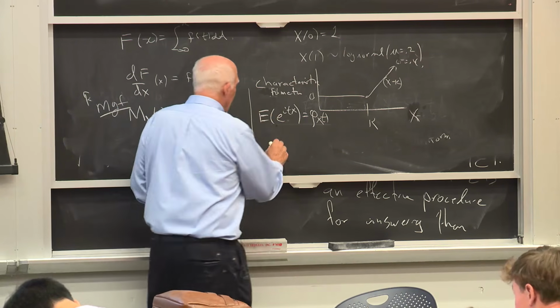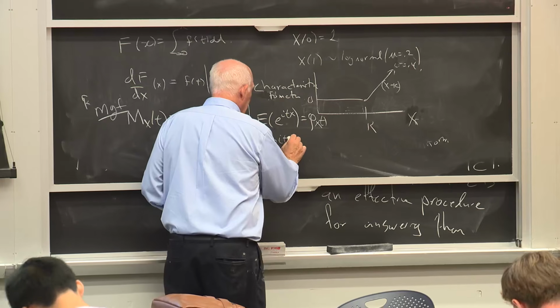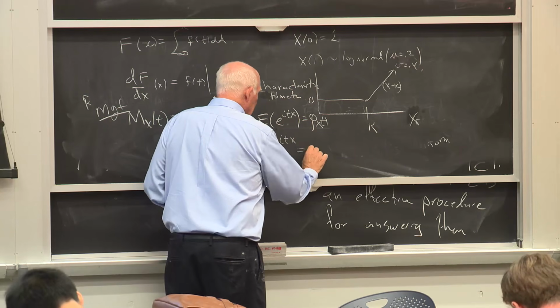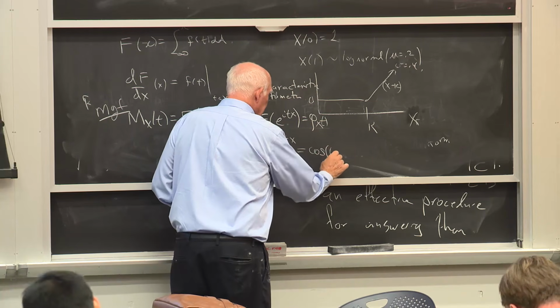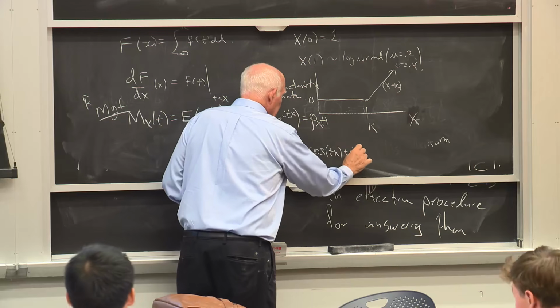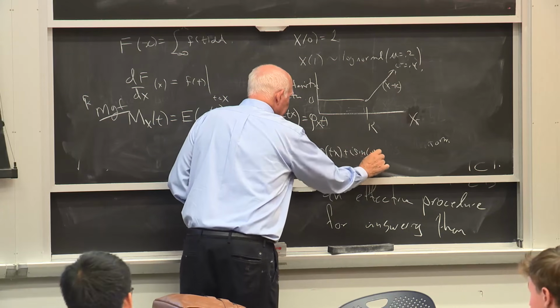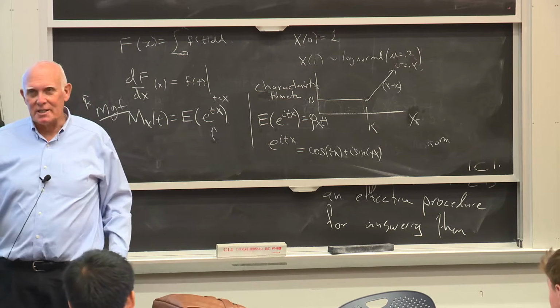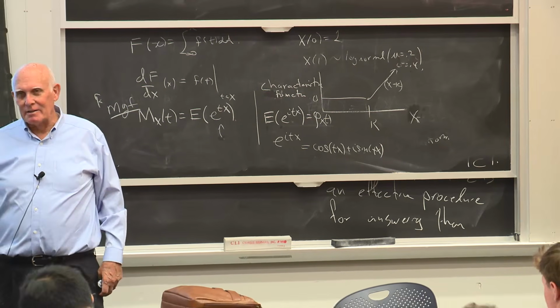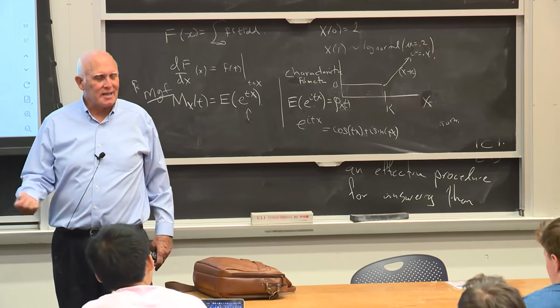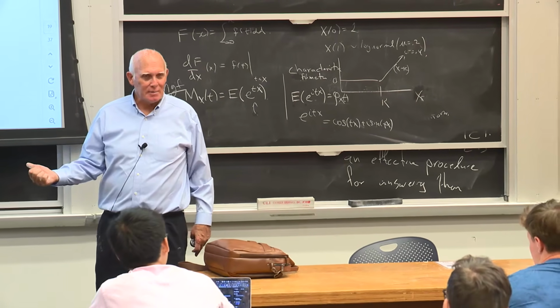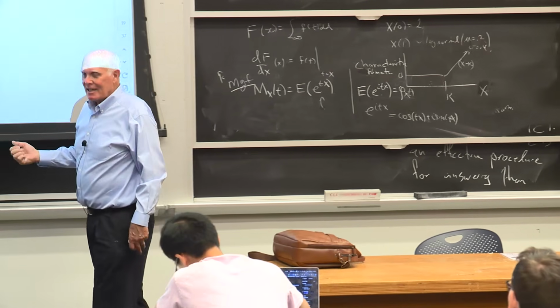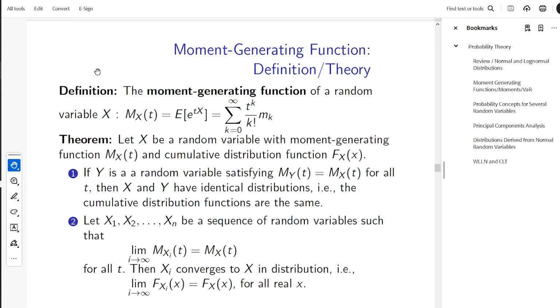If you know a little bit about complex numbers, this turns out to be equal to the cosine of tx plus i times the sine of tx. These characteristic functions always exist and can be used almost the same way a moment generating function can be used when it exists. So the fact that it doesn't always exist shouldn't worry us, because we can generalize to characteristic functions.